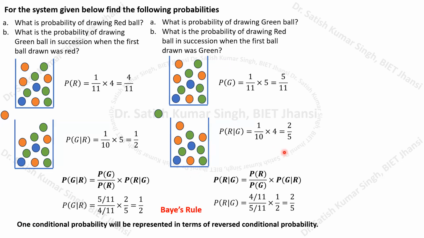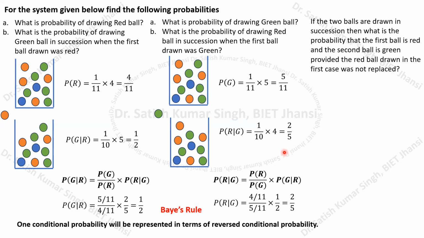Now try to answer another question. So let's try to understand this problem. You have understood these first two problems. Now try to understand this particular problem. If two balls are drawn in succession, then what is the probability that the first ball is red and the second ball is green, provided the red ball drawn in the first case was not replaced?